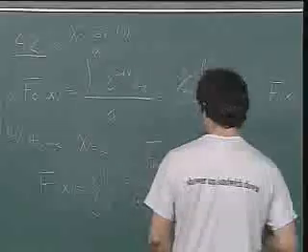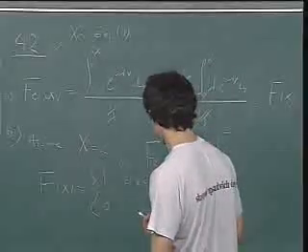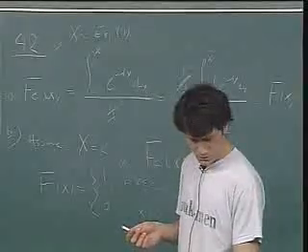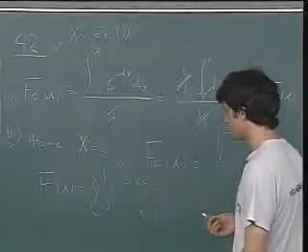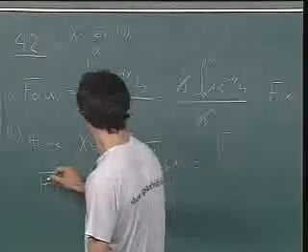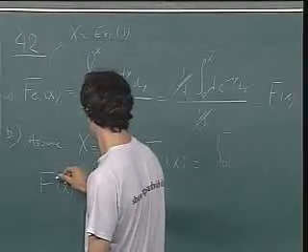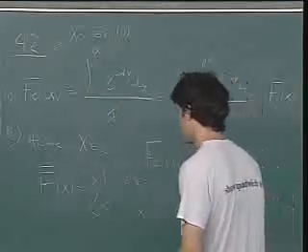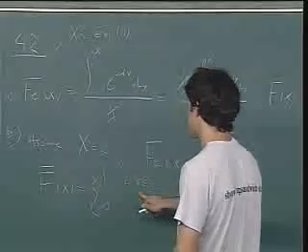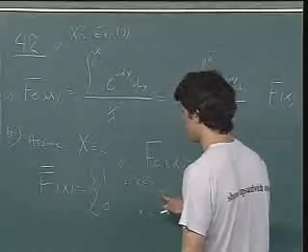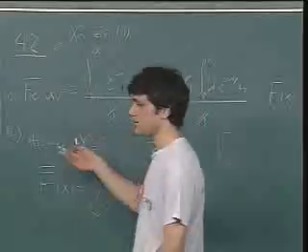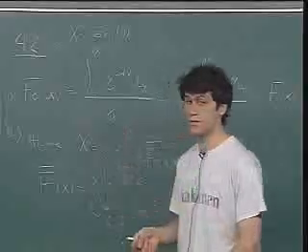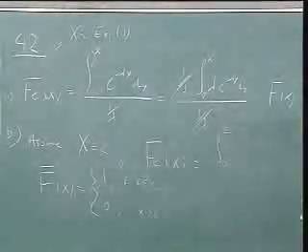So what do we have here? F bar of x is 1 if x is less than or equal to c, because then of course the probability that a random variable is greater than x is 1, since c is greater than x. And then it becomes 0.